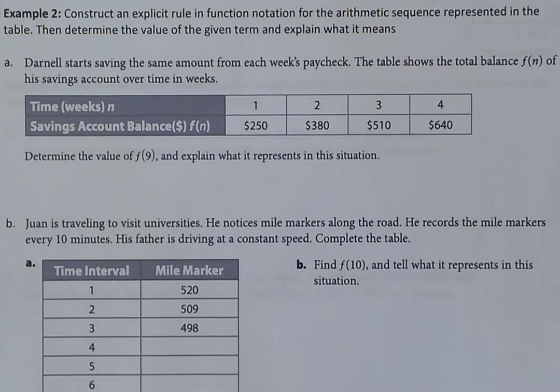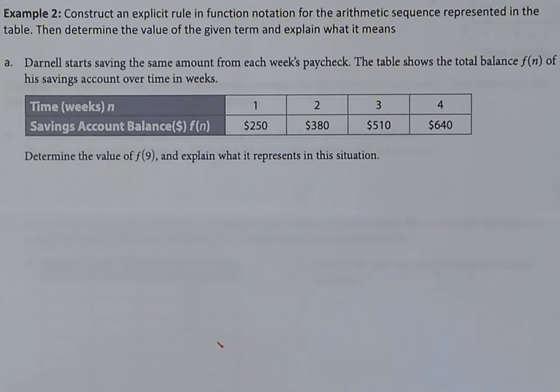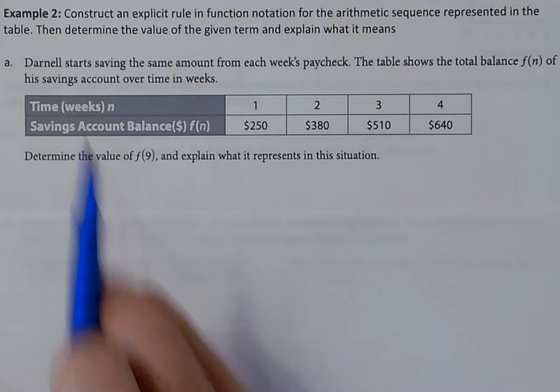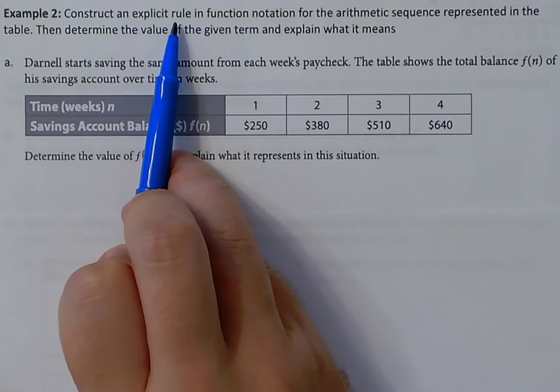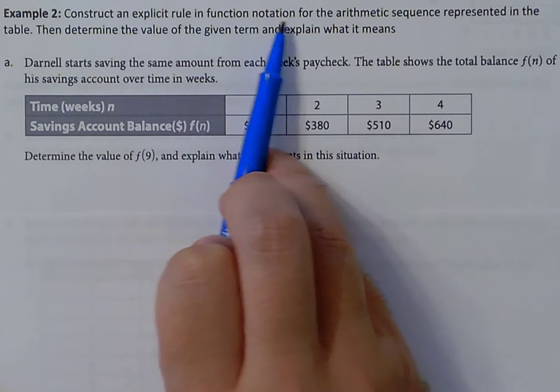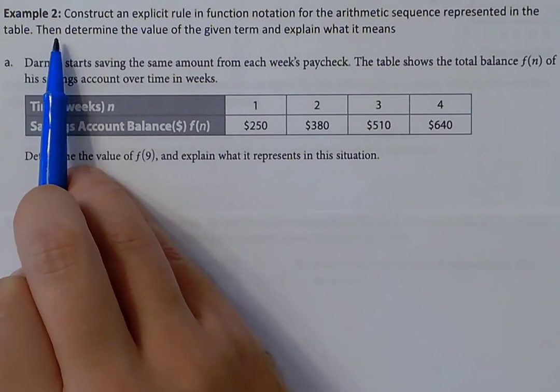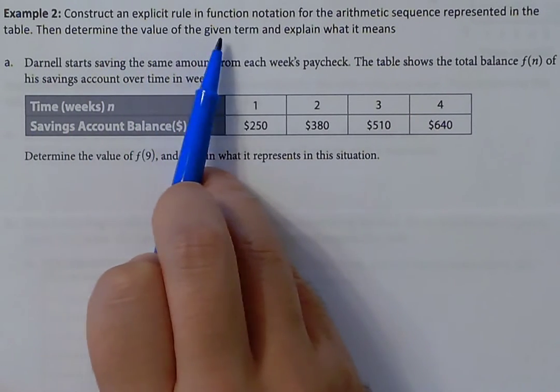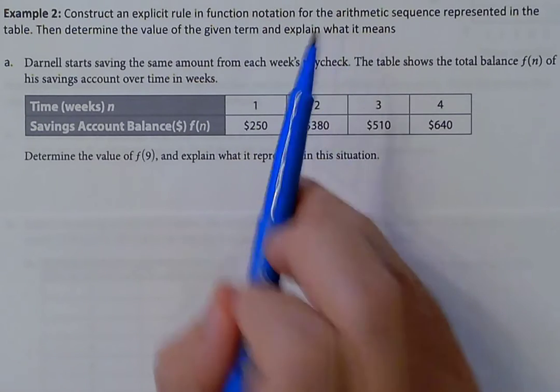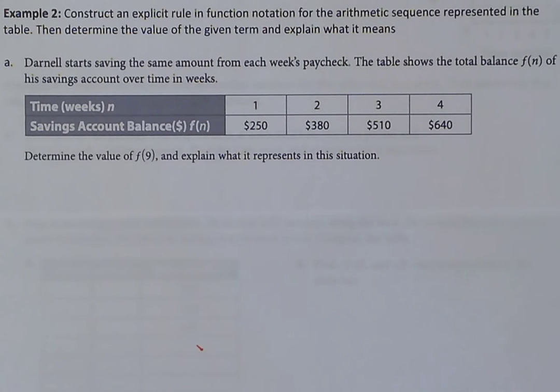All right, example 2 is going to ask us to construct an explicit rule in function notation for the arithmetic sequence represented in the table. Then determine the value of the given term and explain what it means. First of all, it wants us to write an explicit rule.